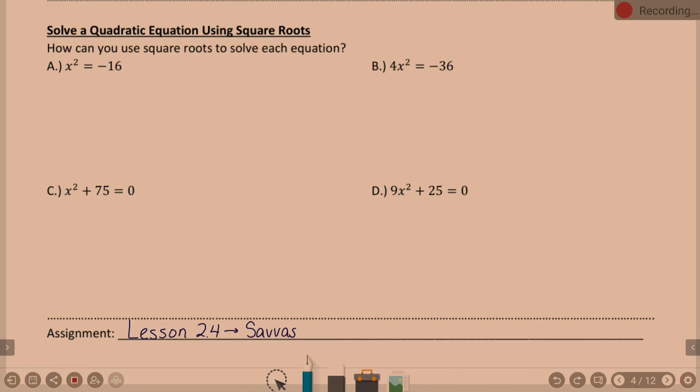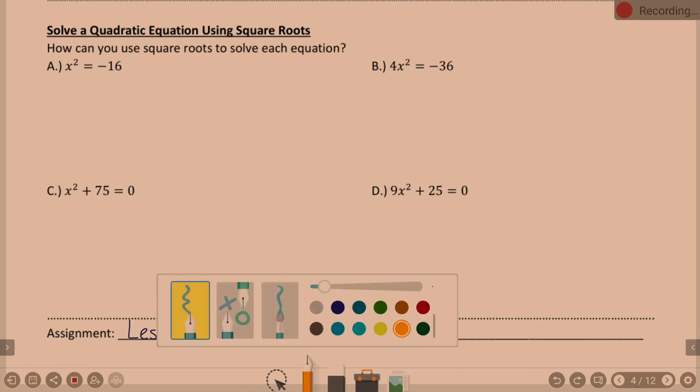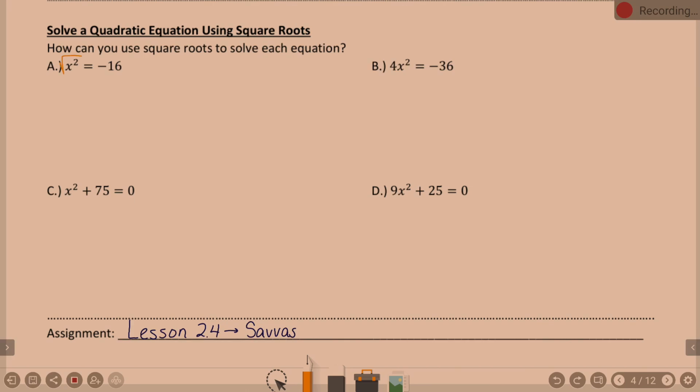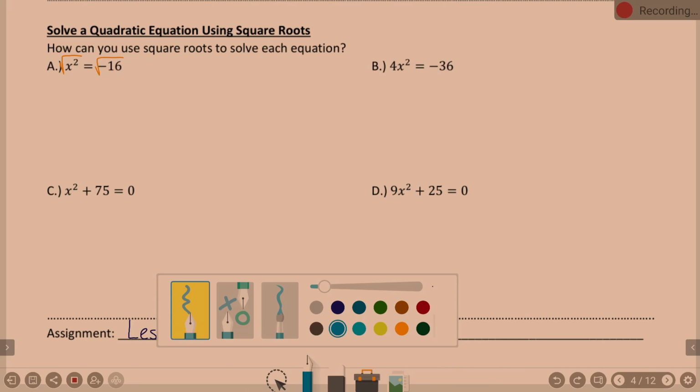If this is x squared equals negative 16, if that x squared is by itself, what's our step to solve? Take the square root of each side. Okay, now, if we take the square root of the left, you take the square root of the right. What's the square root of x squared? x.